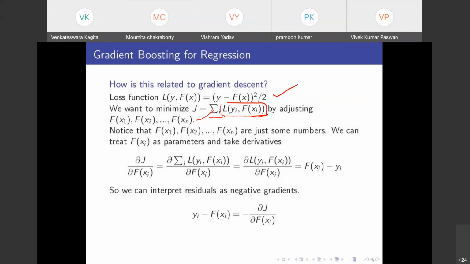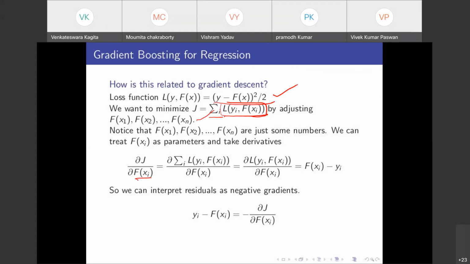Right? So you just want to improve the model by adjusting f of xi. And f of xi is just like a number. So you treat this f of xi like a parameter and take the derivative of J with respect to that parameter.